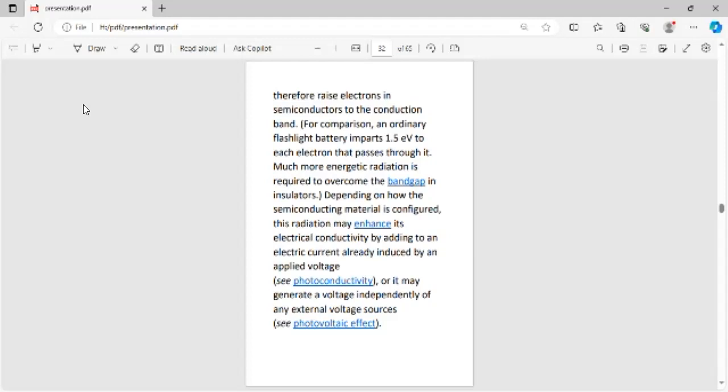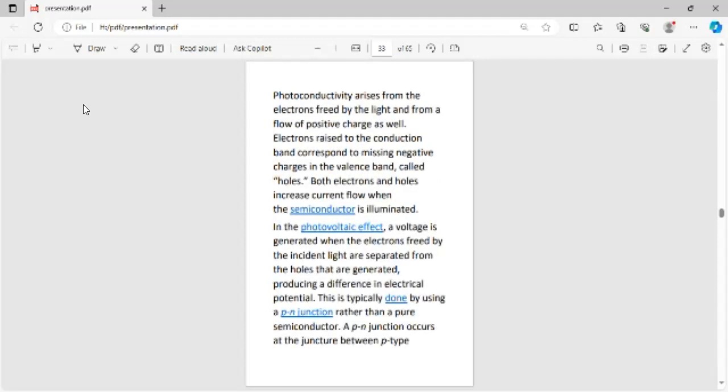Depending on how the semiconducting material is configured, this radiation may enhance its electrical conductivity by adding to an electric current already induced by an applied voltage, or it may generate a voltage that is independent of any external voltage source. Photoconductivity arises from the electrons freed by the light and from the flow of positive charge as well.